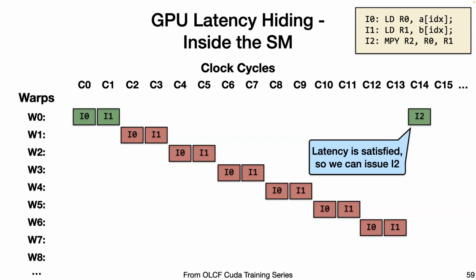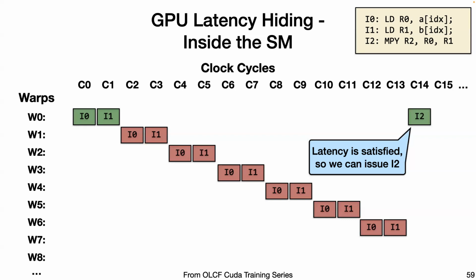Still that question. How does the scheduler know that the registers I2 needs are filled in I0 and I1? How can the scheduler track the dependency between instructions?